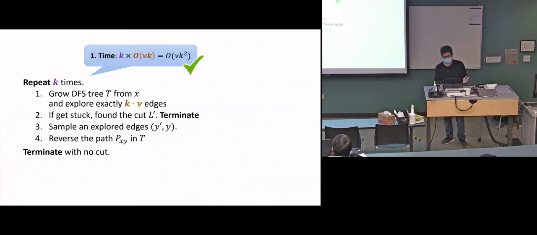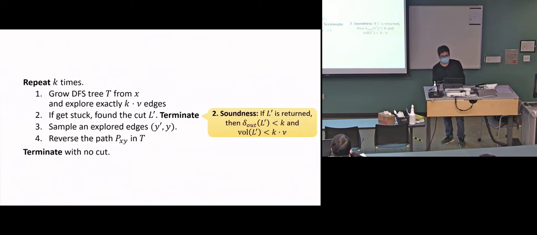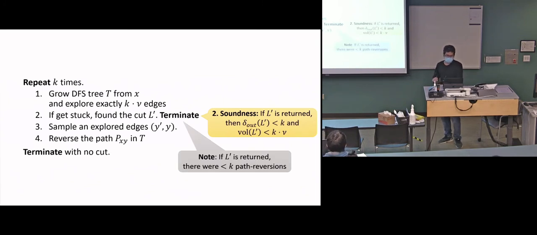So the time is easy to argue. Let's look at this claim. Note that if L prime is returned, then there were less than k path reversions, like at most k minus 1 path reversions that we have done.